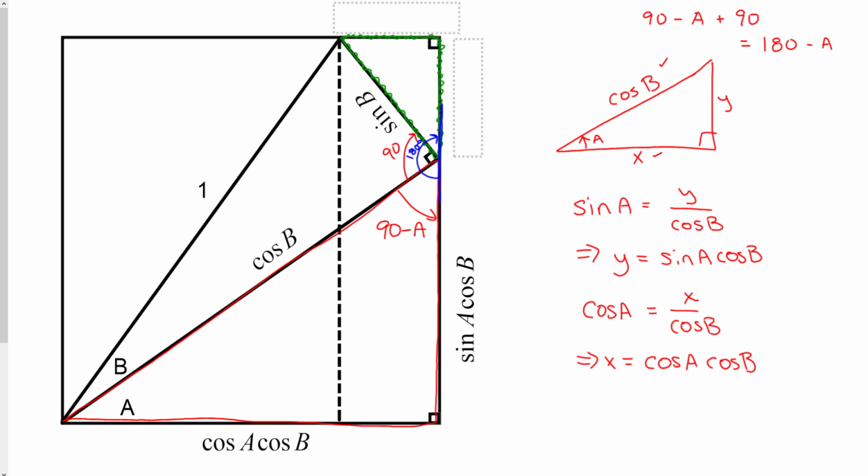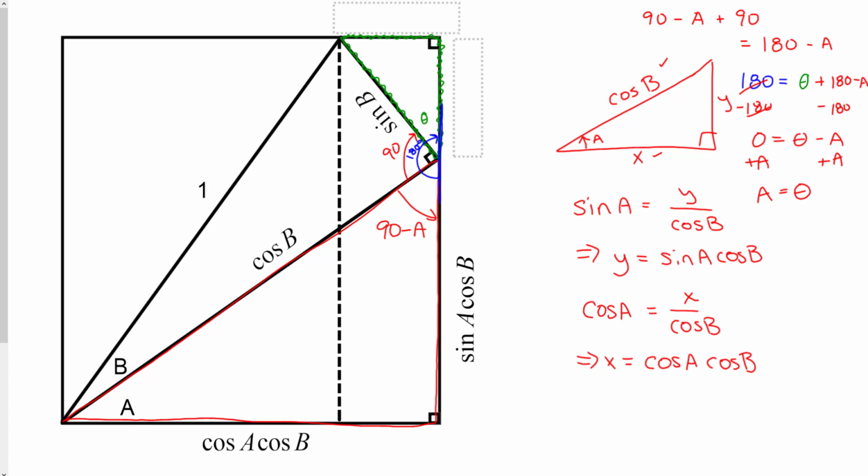So 180 degrees is equal to, I'll call this angle measure theta, plus the sum of those other angle measures. So 180 minus A. All right, so subtract 180 from both sides. These cancel. So I have 0 equals theta minus A. If I add A to both sides to finish solving, I find out that that angle measure is just A.